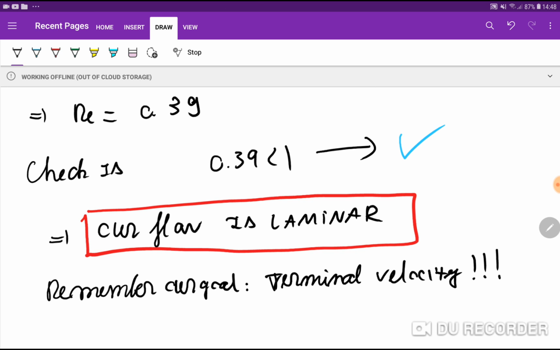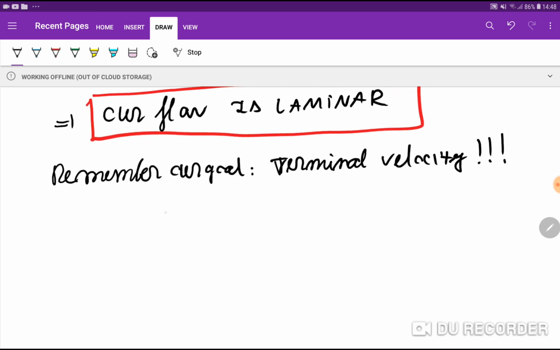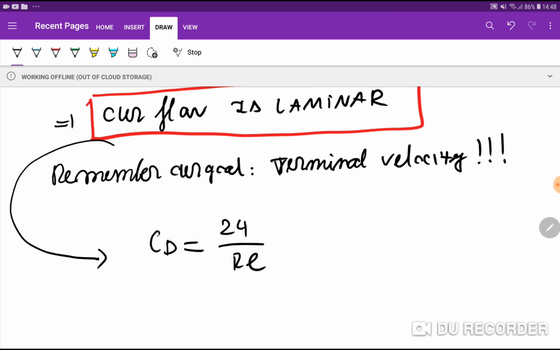Now we know it's laminar flow. So what can we do? We will solve for one of the missing variables. Okay, we know that this is laminar flow, so we can use this equation. We can use drag coefficient equal 24 over Reynolds number. Okay, now let's solve for CD.